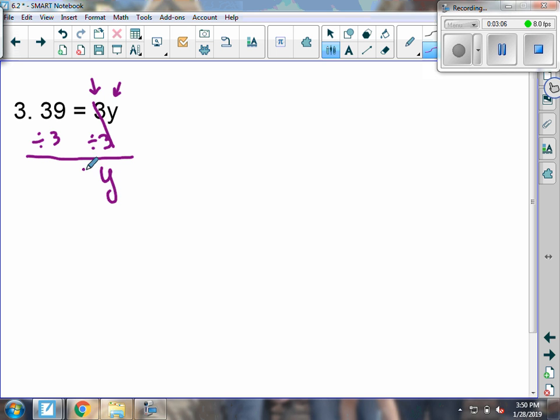I bring down my y is equal to 39 divided by 3 is 13. So again, I have my original problem. I'm showing what I'm doing to the problem, and I'm giving my answer. So up to this point, we've done addition, subtraction, and division in solving these problems.